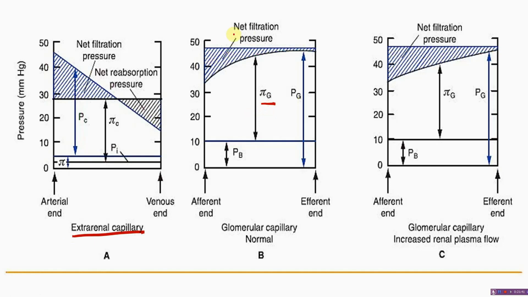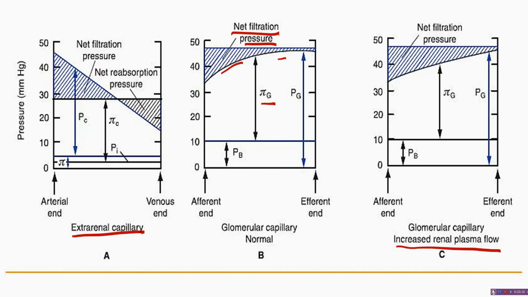The shaded area is the net filtration pressure. So the net filtration pressure decreases from the afferent to the efferent side. But in the third diagram, when the renal blood flow is increased, this equilibrium point, that is where the net filtration pressure is low, shifts to the efferent end, because the oncotic pressure in the glomerulus rises less rapidly.